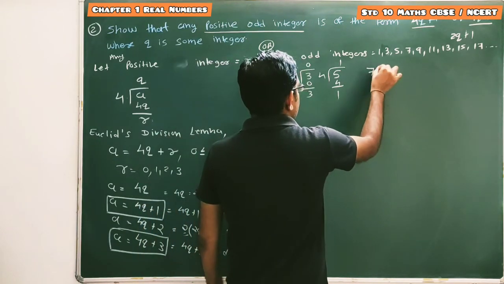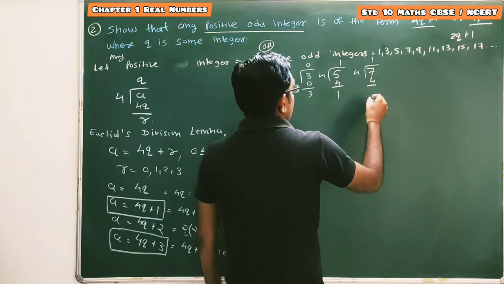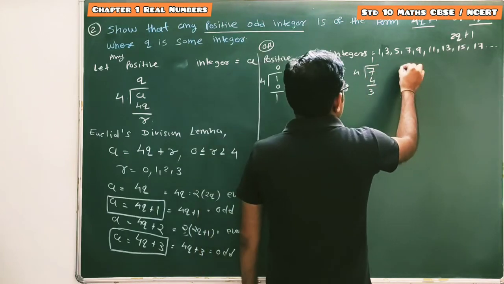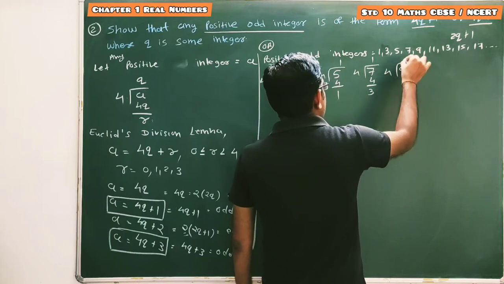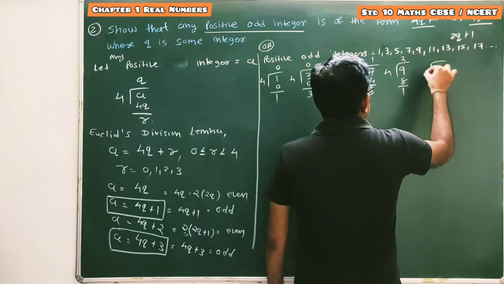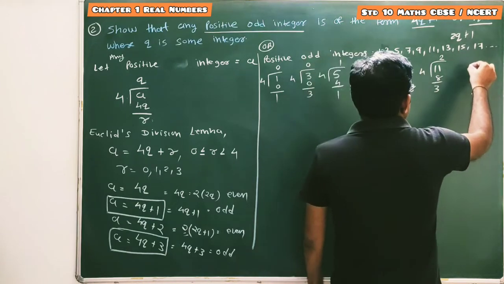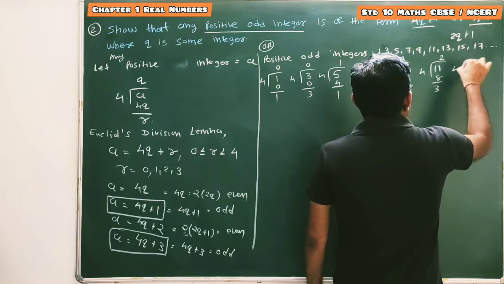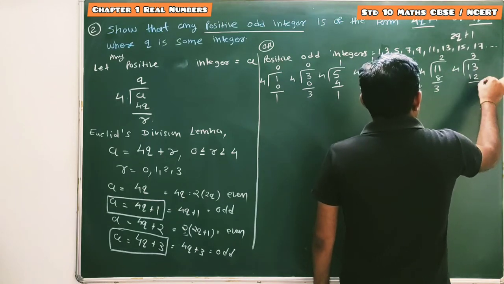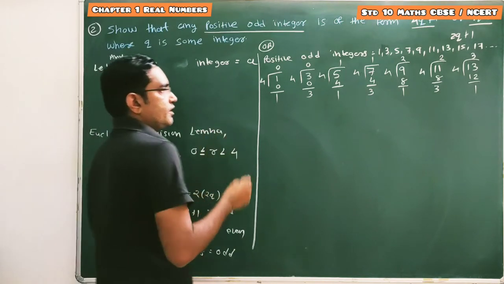Then divide 7 by 4. 4 ones are 4, so the remainder is 3. Then divide 9 by 4. 4 twos are 8, remainder 1. Divide 11 by 4. 4 twos are 8, remainder is 3. Divide 13 by 4. 4 threes are 12, remainder 1. Done? So it goes on infinitely.